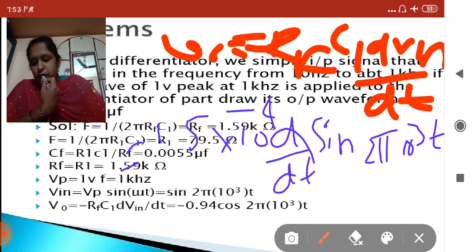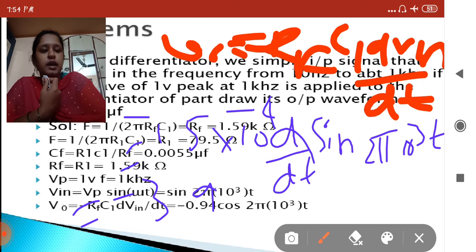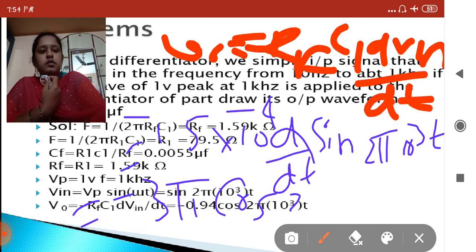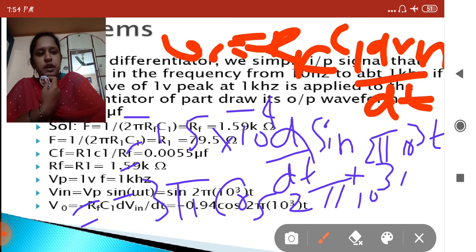All with the minus sign: minus 3 pi cos 2 pi 10 raised to plus 3 into t.